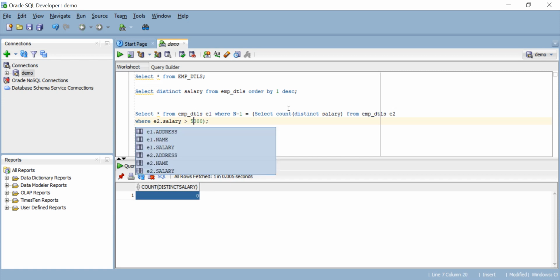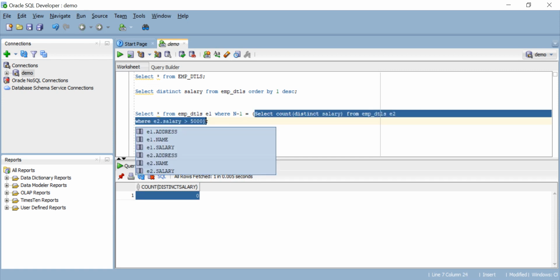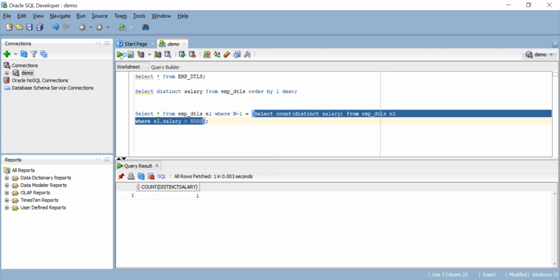So if we run this inner query for the 5,000 salary record and try to find out the count, it would be 1. So you can relate it. The second highest salary, which is 5,000, if we place it in the inner query and run it and find out the count of distinct salaries above 5,000, that gives us a result of 1.